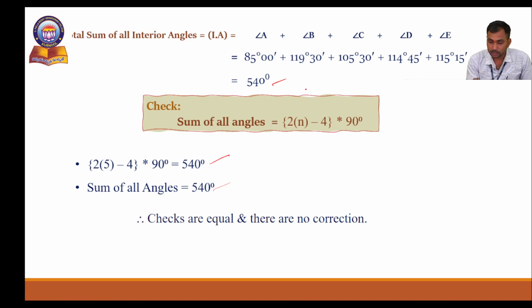If we got 540 degrees, this is fine. For example, if we got 541 degrees 20 minutes, nothing but the checks are not equal and a correction is required.